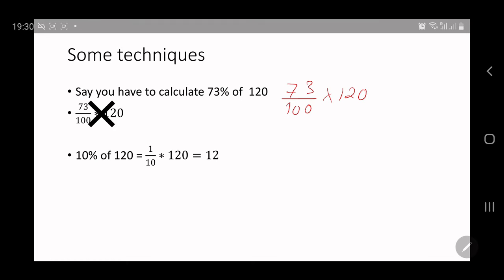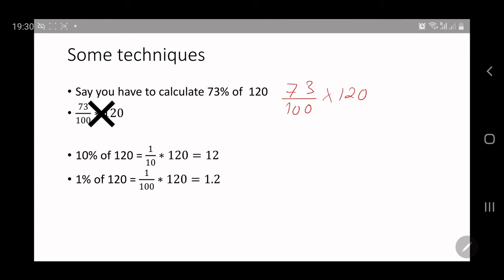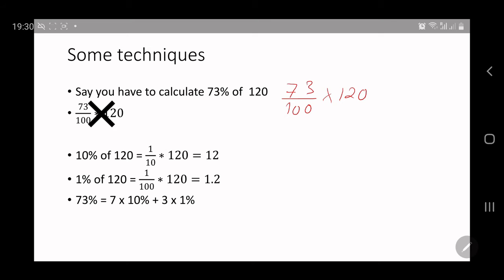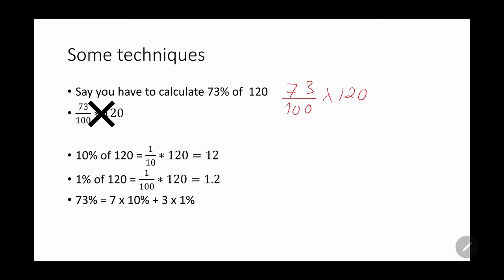First of all, you calculate 10% of 120, which is nothing but 12, and then you get 1% of 120, which is 1.2. Easy to calculate. Next, you get 70%. 70% is going to be nothing but 7 into 12, which is 84.